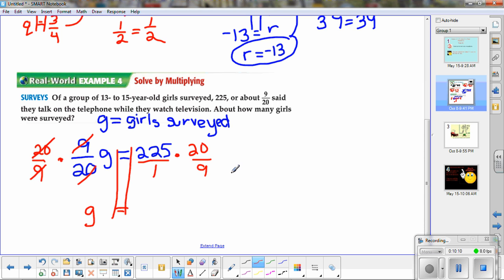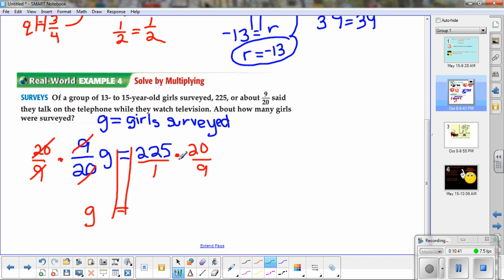Now to make this a little simpler math, I'm going to go ahead and simplify. I know for sure that both 9 and 225 can be divided by 3. I know they can be divided by 3 because the divisibility rule for 3 is if you add up the digits, 5 plus 2 plus 2, you get 9, and 9 is divisible by 3, so 225 is also divisible by 3.